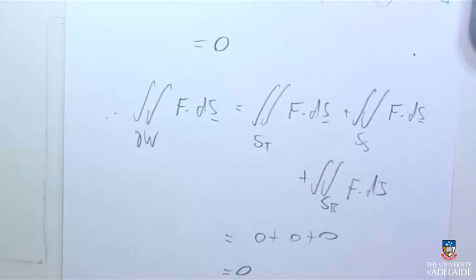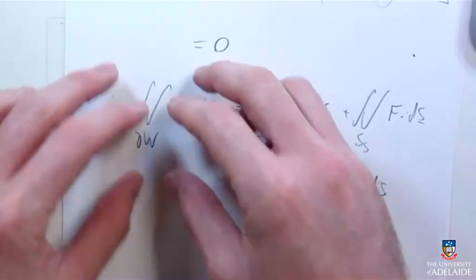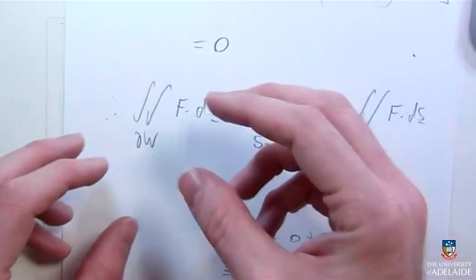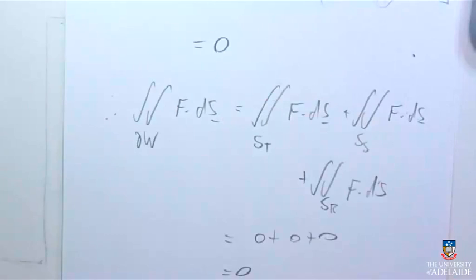If this f was already the curl of something, meaning that it's incompressible, I think is what it's called, then you can use Stokes to go around some other thing. But then it would be 0, because this surface doesn't have a boundary, and so the integral around its boundary will be 0, because it doesn't have one.